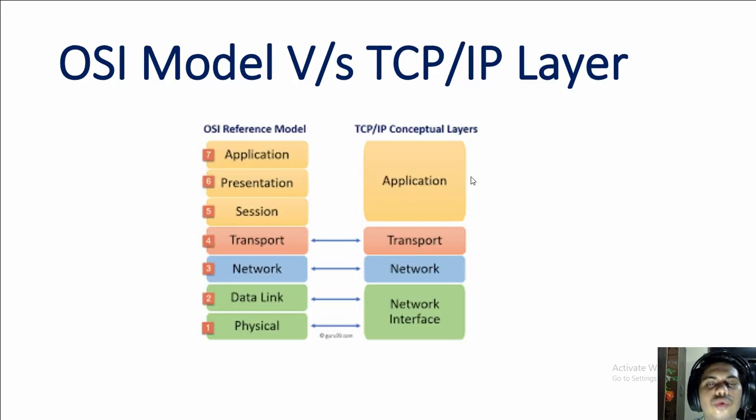As I already told you in my OSI model video, this is your transport layer and this is the transport layer of the TCP/IP model. So both work the same. Protocols like TCP and UDP also play a role here. This is the layer where TCP plays a role, and UDP as well.